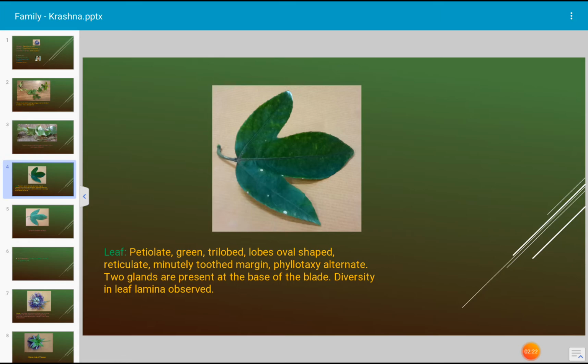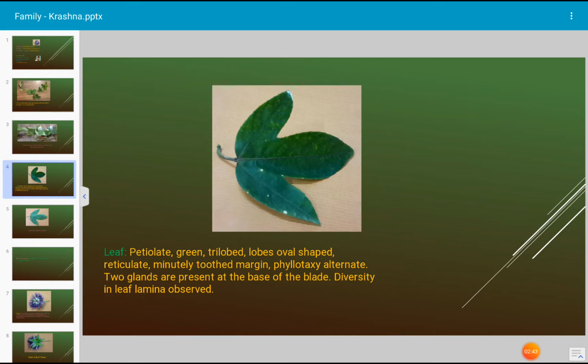The arrangement of the leaves, that is phyllotaxy, is alternate in Passiflora incarnata. There are two glands present at the base of the blade, the base of the lamina, and this is a characteristic feature of this plant.